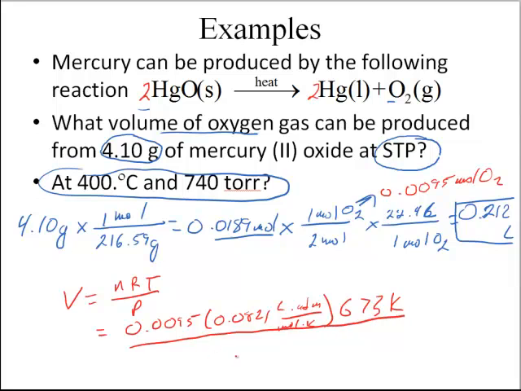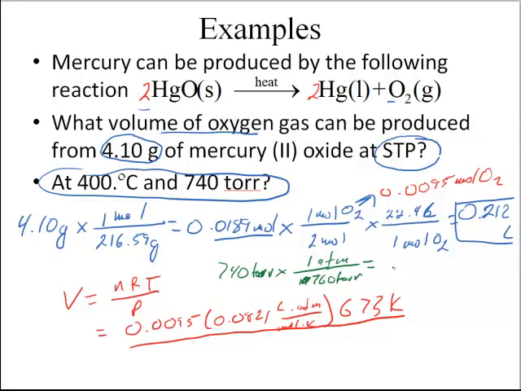And then 740 torr. Well, we've got to put this in atm, right? So 740 torr, and for every 760 torr equals 1 atm.